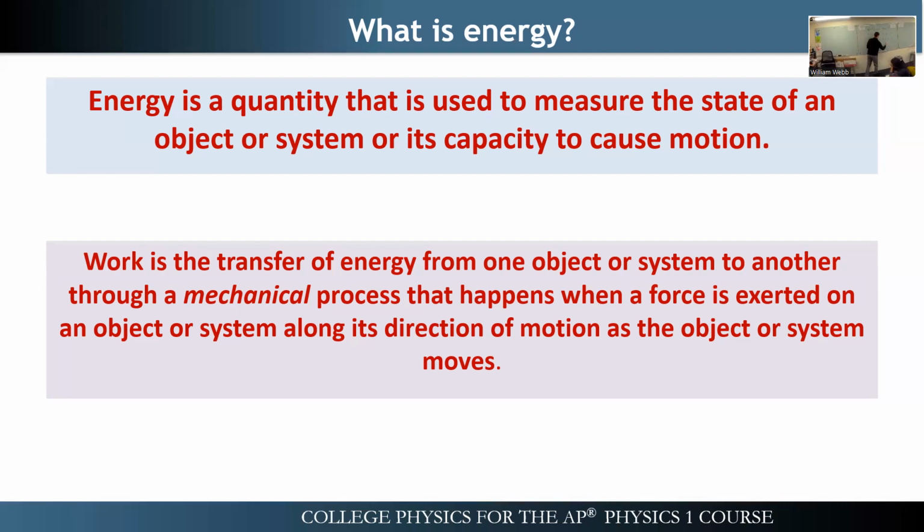Newtons per meter, right? That's how we found spring constant. And then X, the displacement, meters, but it's squared. So that makes a Newton meter, which is joules.